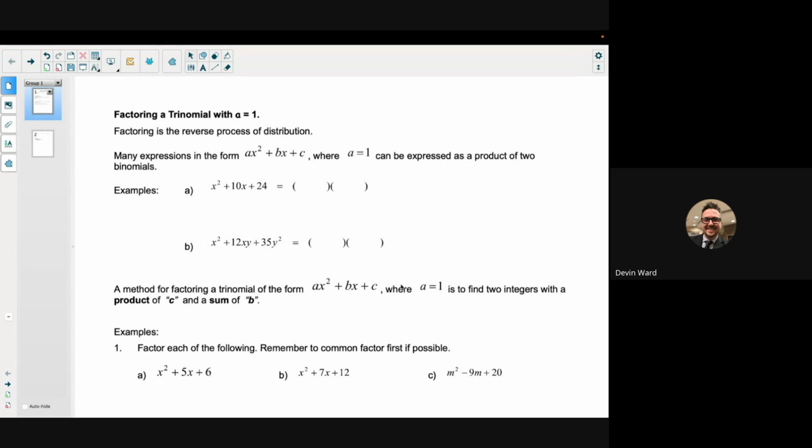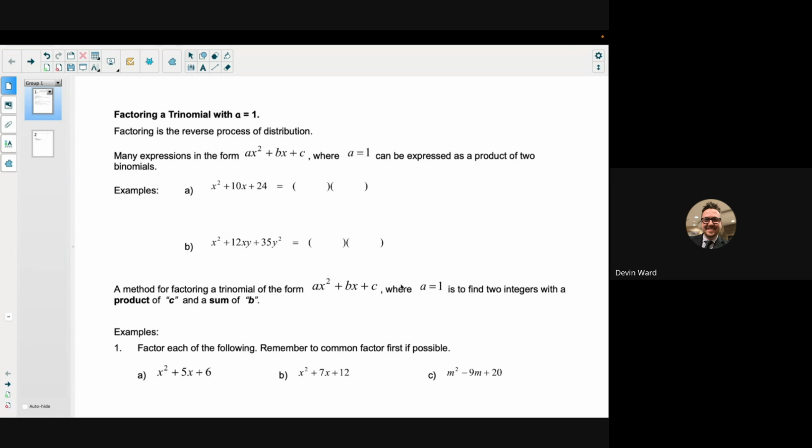So now I have x squared minus 15xy plus 54y squared. This time I have the x and y like I did back in this question, x squared plus 12xy plus 35y squared.